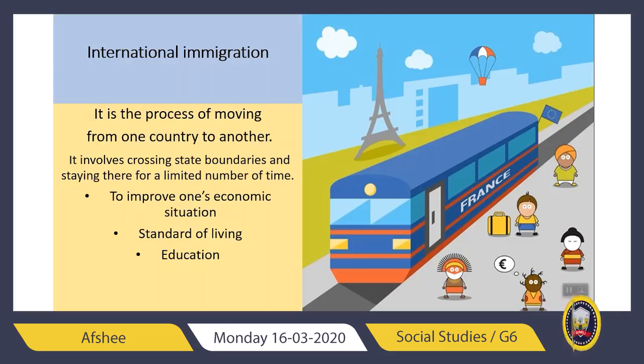Next, we talk about international immigration. What is international immigration? International immigration is a process of moving from one country to another. It's like crossing the state boundaries and staying there for a limited amount of time. For example, I'm from Pakistan and I have moved from Pakistan to Turkey. Different people have different reasons why they move from one country to another, but usually people move to improve their economic situation.